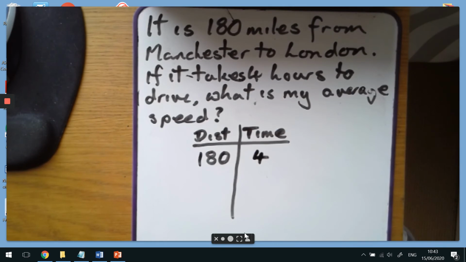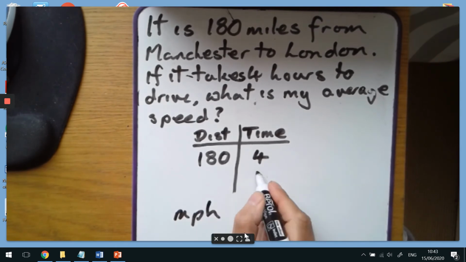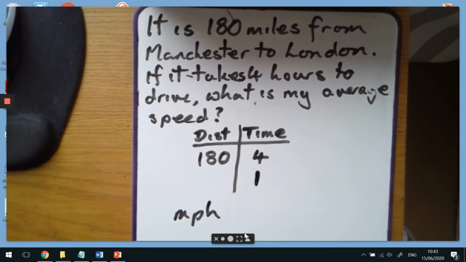Now, don't forget what speed means. I'm going to get my speed in miles per hour. So what I want to know is how many miles I travel per hour. How many miles in each hour? If I can work that out, then I have my speed.